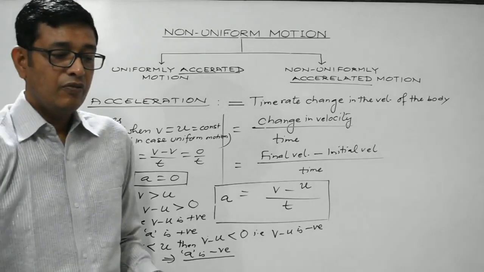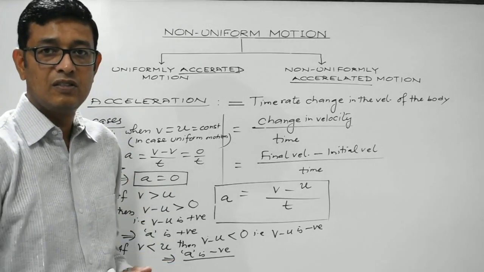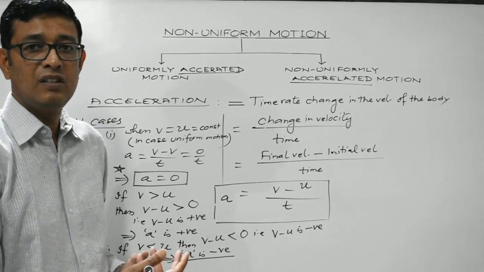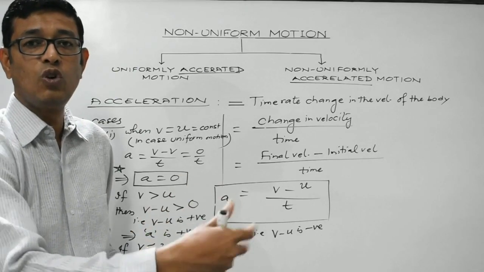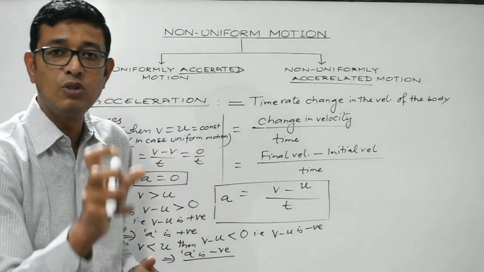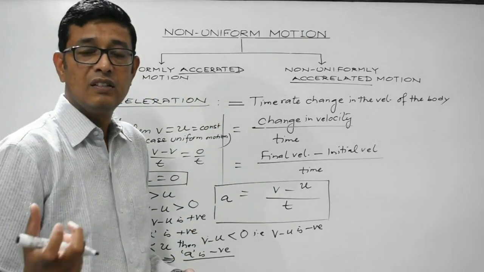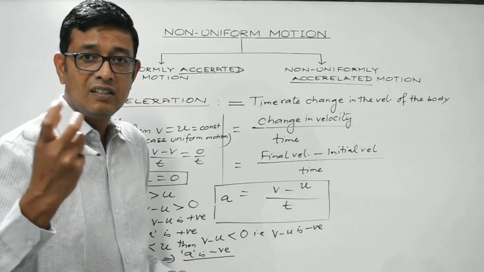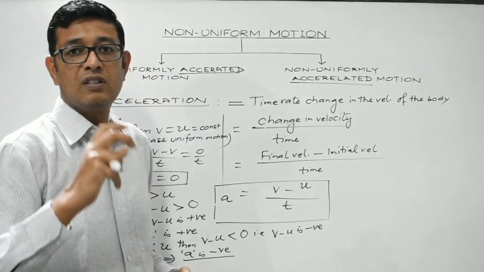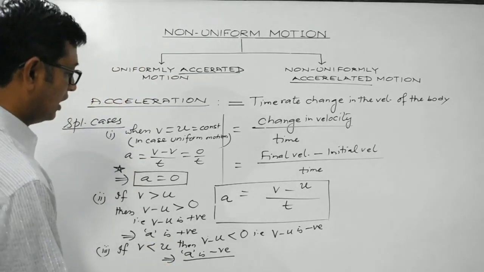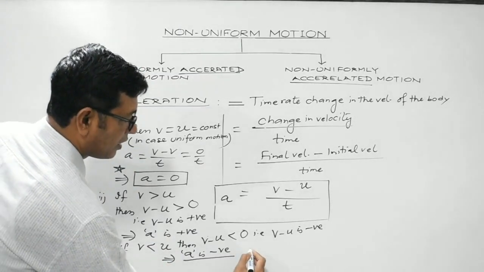It means that when you apply brakes to a running vehicle, its speed will gradually slow down and eventually the body will come to rest. So A negative means the body is slowing down and eventually the body will come to rest. So therefore, in this case, A is negative.